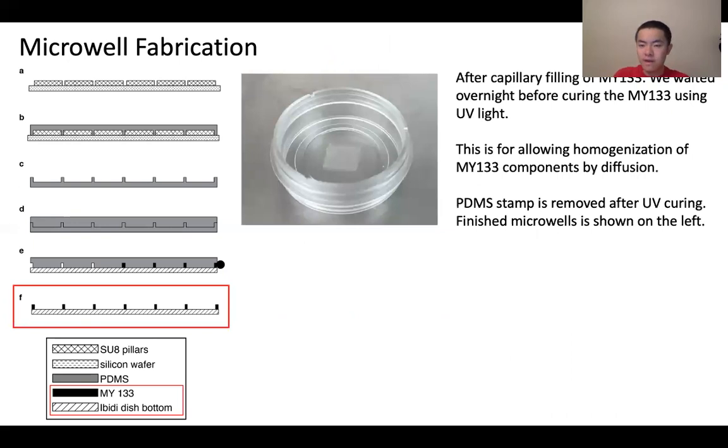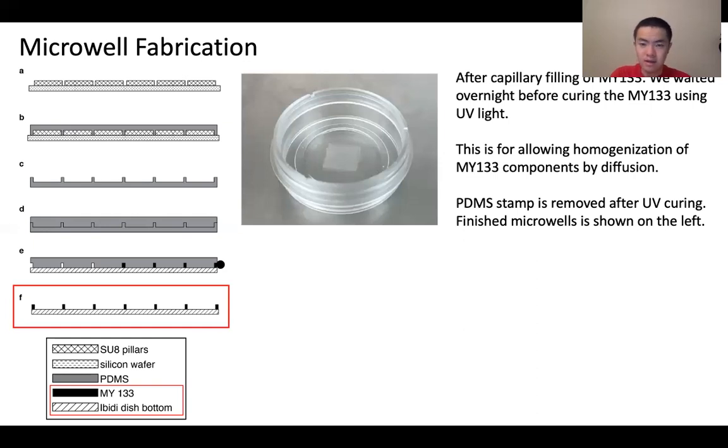After capillary filling our stamps, we left the MY133 to sit overnight to homogenize the different ingredients inside it, because the ingredients in MY133 tend to separate during the capillary filling.